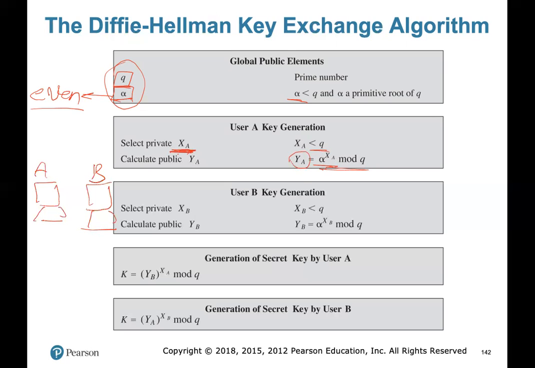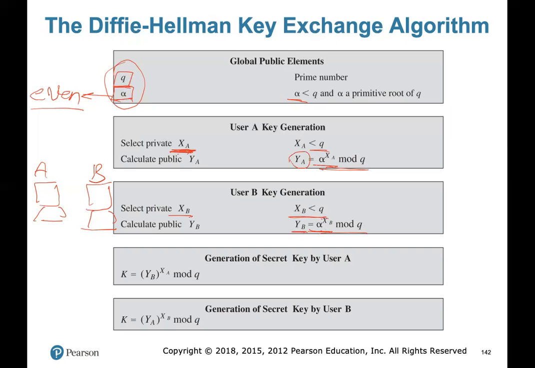The same operation happens at the Bob side. Bob finds a private number for himself, let's call it XB. XB, of course, is a number smaller than Q. And Bob calculates alpha to the power of XB mod Q and calls it YB.